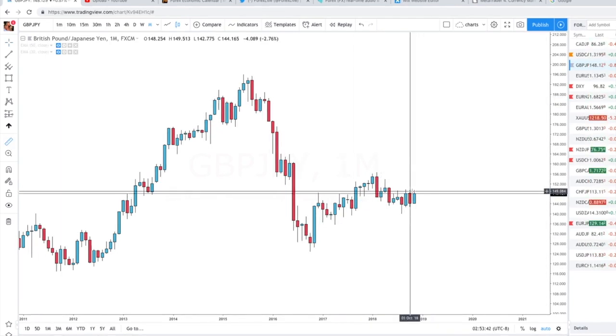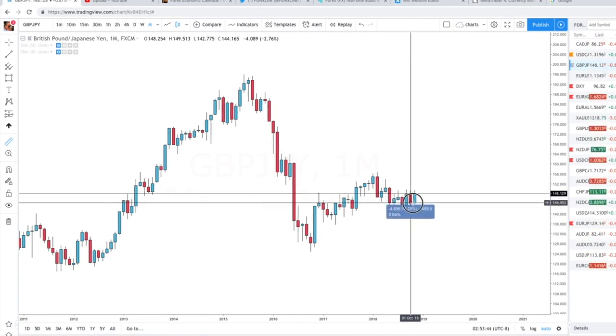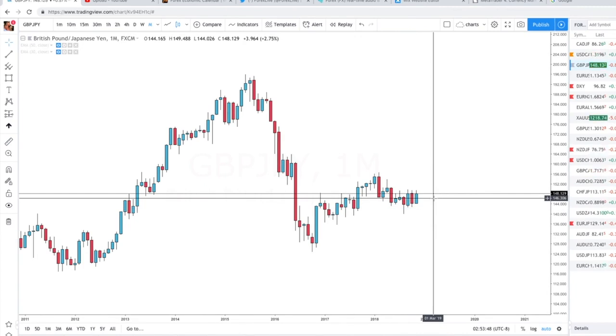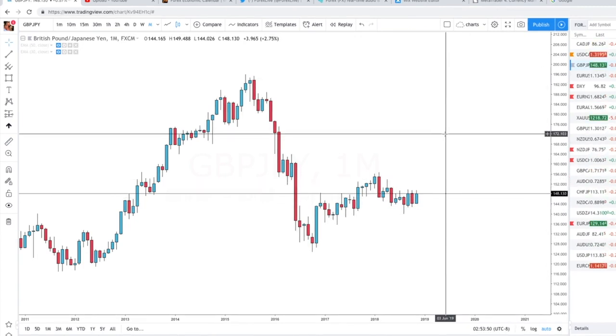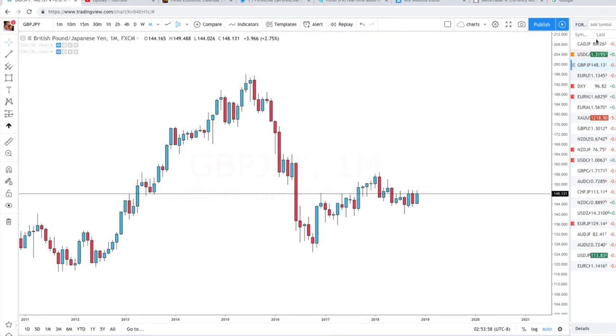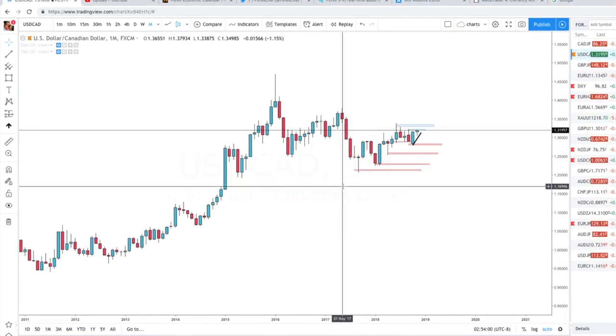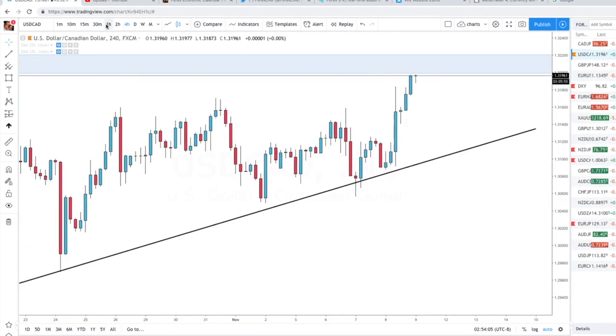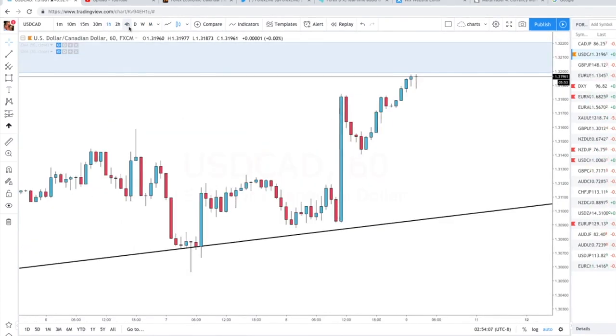On the previous candle right here, it moves 661 pips. So there are more volatile currency pairs than USD CAD. GJ is the most volatile, I would have to agree on, but yeah, so that's why you need to break down to the 4 hour and the 1 hour for your entries.